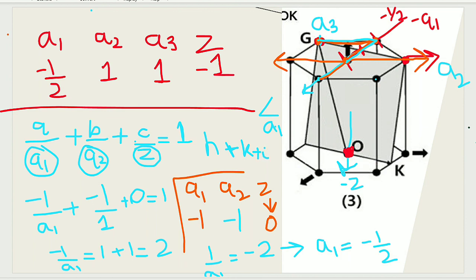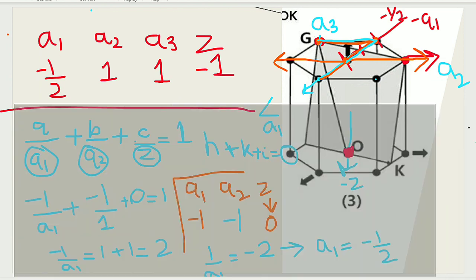So keep that difference in mind. Both of these equations are completely different, one of them gives you the index and the other gives you the intercept. So minus 1/2 is the a1 intercept.